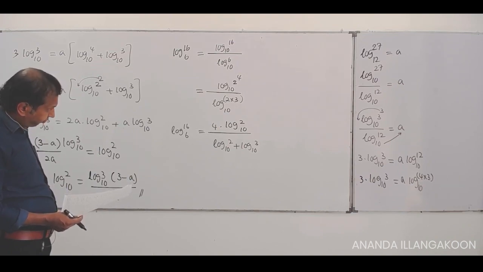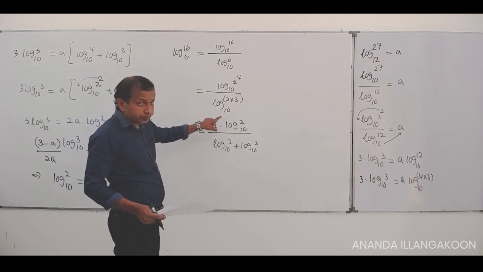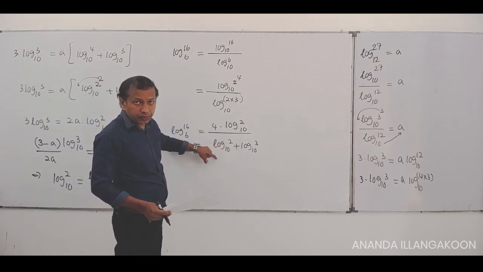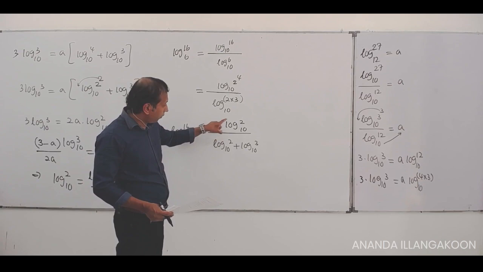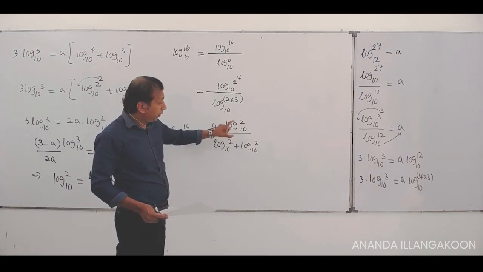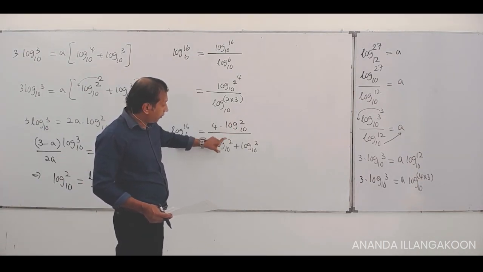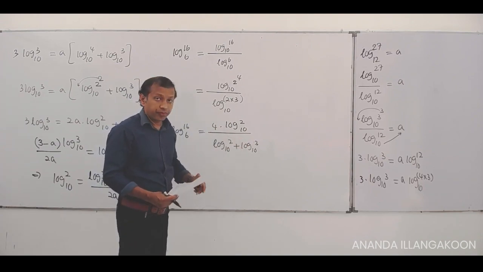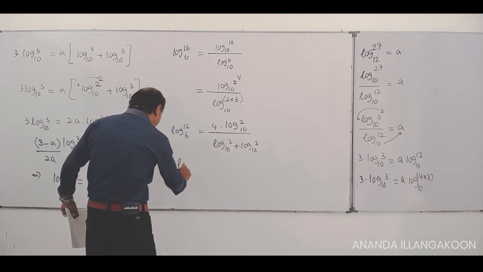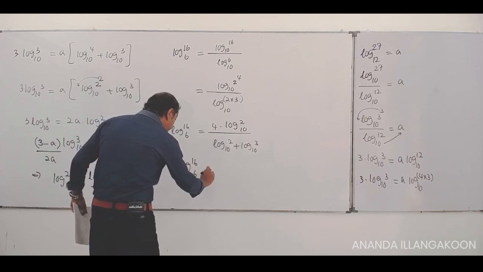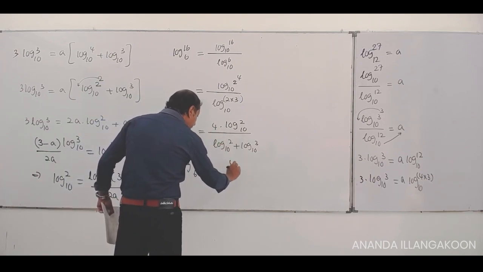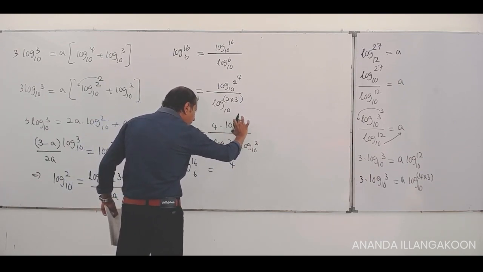Now, on the right hand side, numerator and denominator, both I divide by this, log 2 to the base 10. This term we divide by this, and this. Then what do you get? We get only 4 here, because by this we divide it.